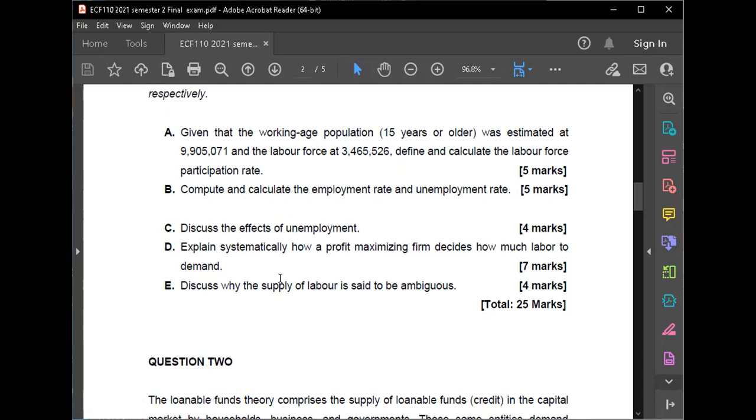So that one is now, I think, all theoretical: effects of unemployment, and there are various number of them. Since it's 4 marks, you can just list 4 of them, right? So it brings about poverty, because if people are unemployed, they don't have money.